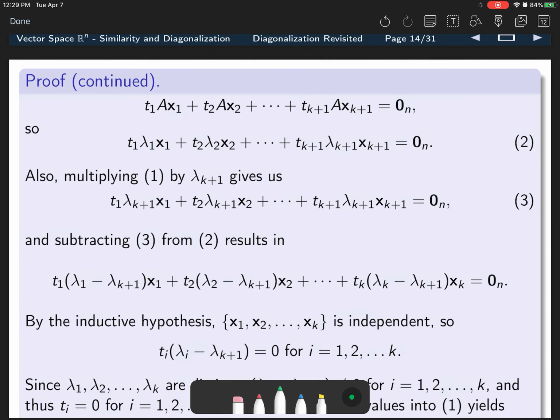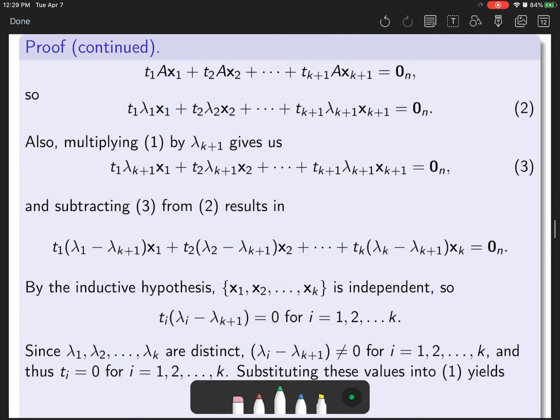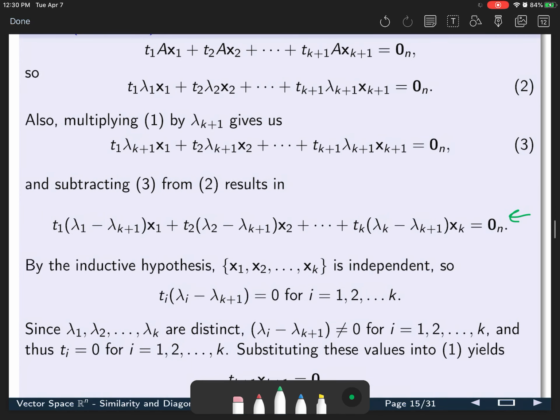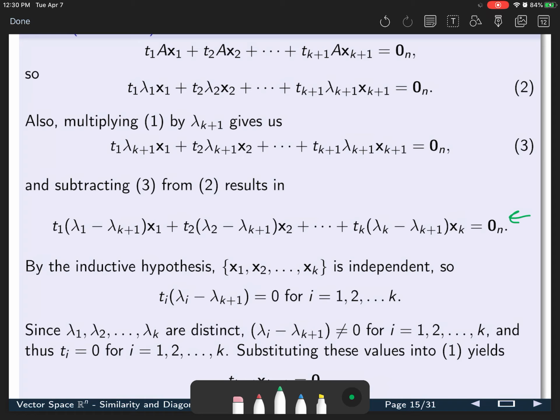Then subtracting 2 and 3 from each other gives us this equation, which basically boils down to, yes, all of the first k vectors are independent just by the inductive hypothesis. And that means that this would necessarily be 0.